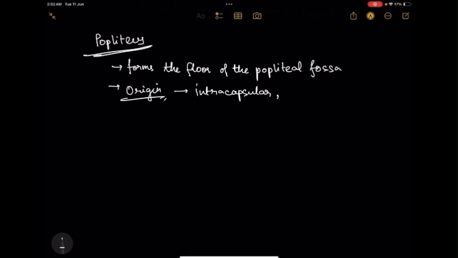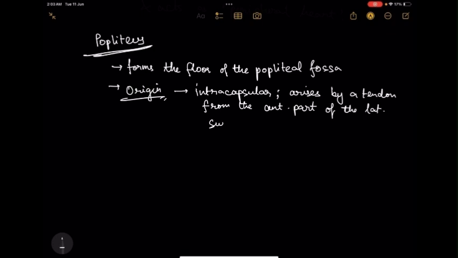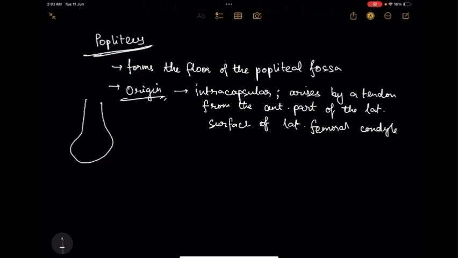It arises by a tendon from the anterior part of the lateral surface of the lateral femoral condyle. It's like this: the lateral femoral condyle, and then this part which is inside the capsule.